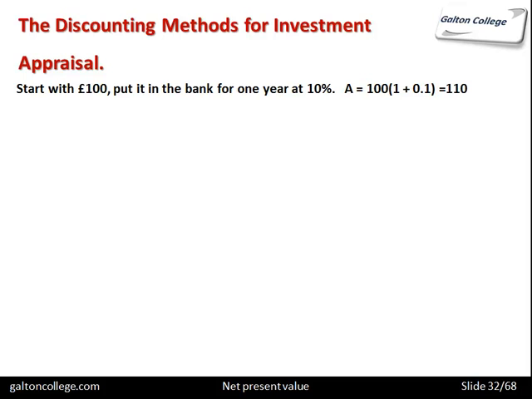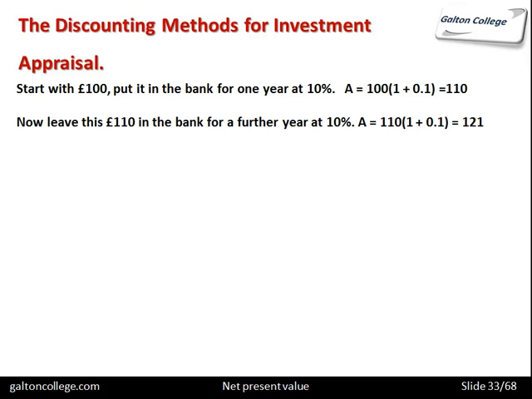Start with £100 and put it in the bank for 1 year at 10%. So we have A is equal to 100 times 1 plus 0.1, which is 110. Now, leave this £110 in the bank for a further year at 10%, and it'll grow into £121. There's the formula. That's how we calculate it.